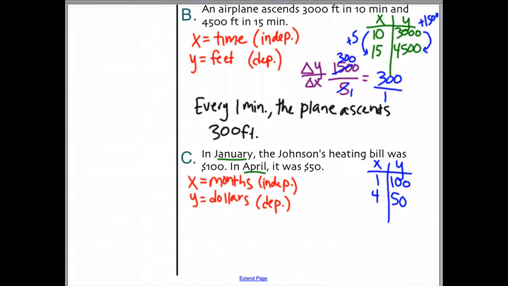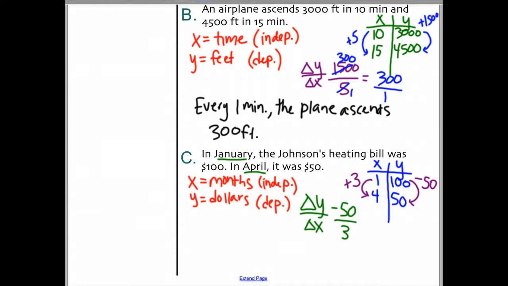Now we want to do the same thing. We want to calculate the change in y and the change in x. The change in y, we are decreasing by $50. And the change in x, we are adding 3. So now we can write it as the change in y over the change in x to get negative 50 over 3. And we're not quite done because, again, I want to write it in context of the problem.